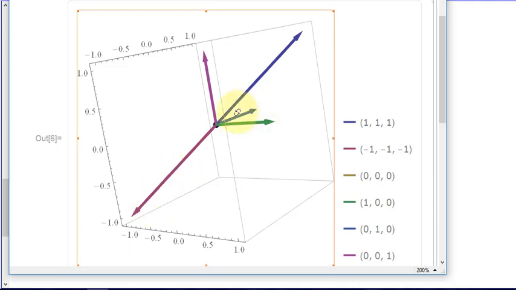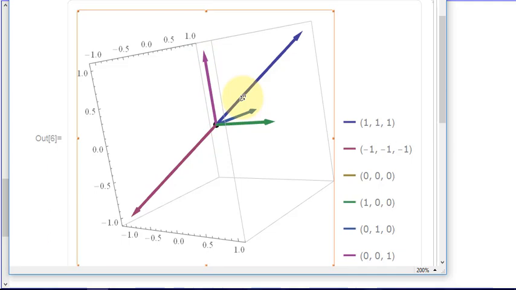And these three are the unit vectors i, j, and k. The green is the unit vector i, 1, 0, 0. Blue is 0, 1, 0, pointing down the y-axis. The purple one is pointing up the z-axis. This is the unit vector k.